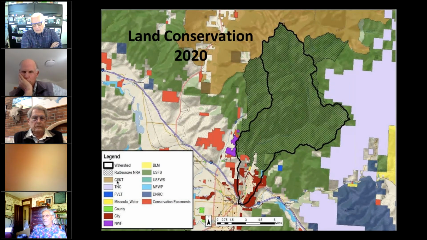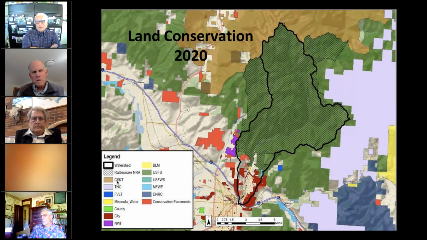And so in the end, what we wound up with was something that looks like this. The crosshatch area is the recreation area and wilderness as it now exists. But the transaction that put it in place was a land exchange for Montana Power Company for something called coal bidding credits.